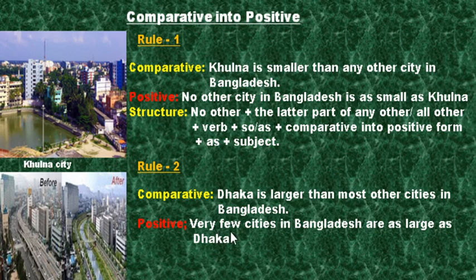You have to use very few, then the later part of the comparative form, cities in Bangladesh. When you see very few, you have to use are, according to the structure, then large, that's the positive form, again as, then Dhaka. So very few cities in Bangladesh are as large as Dhaka.